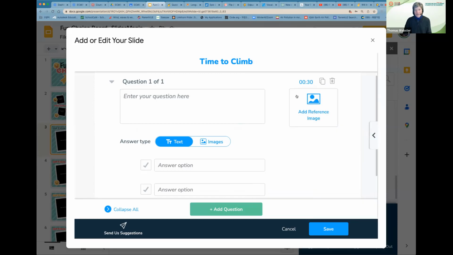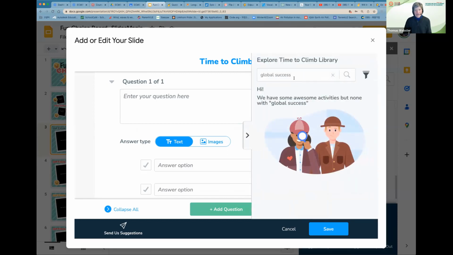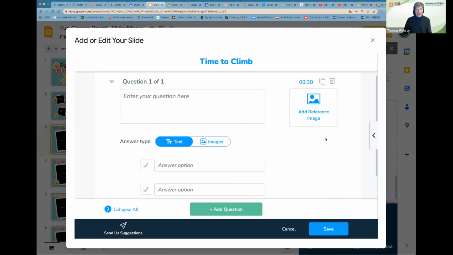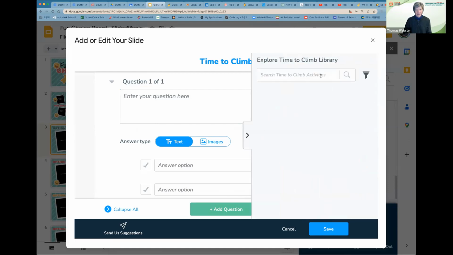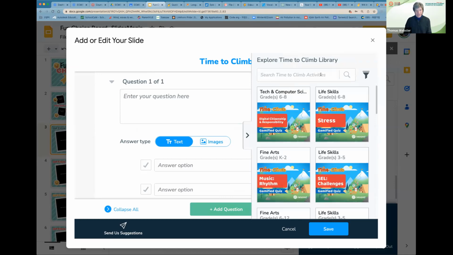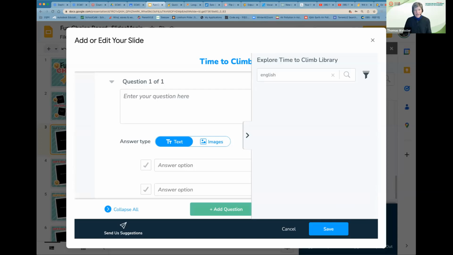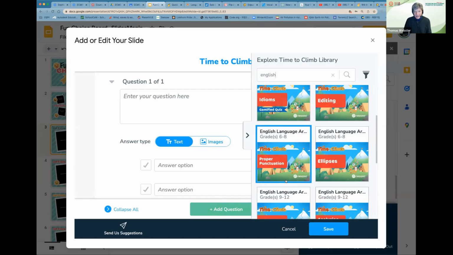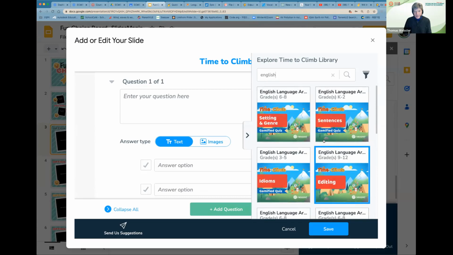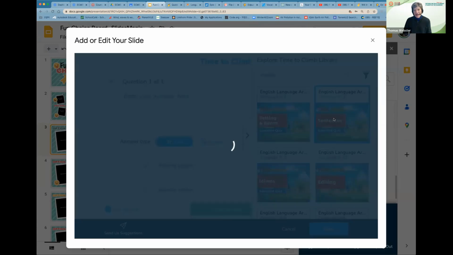Okay, how about English? Something with English. Okay, here are some grade level activities they've already done. And again, there's pronunciation, idioms, sentences. Hey, sentences, okay.